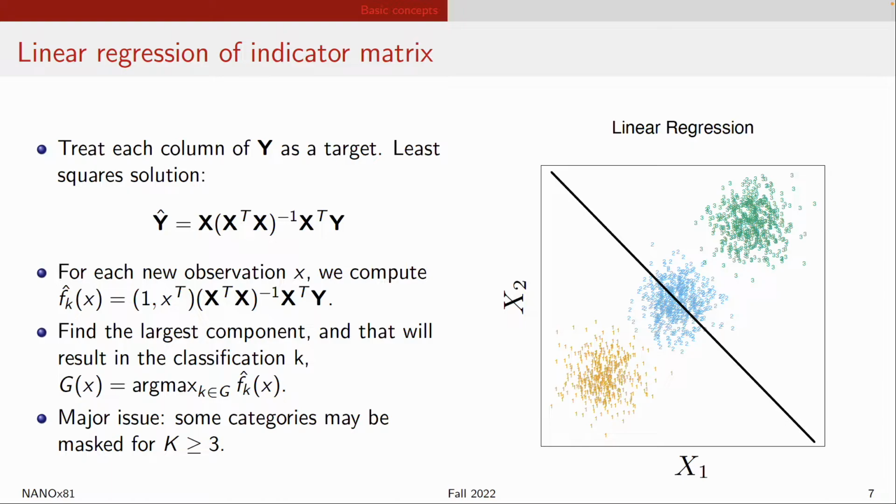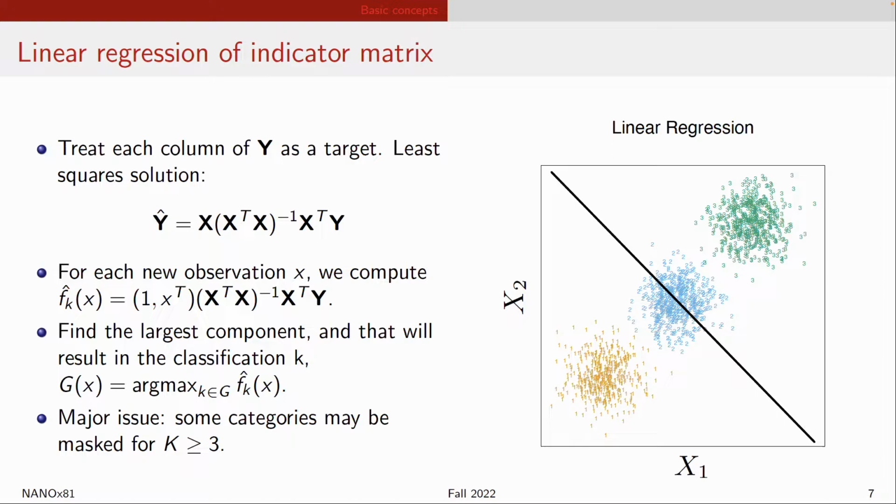Your predicted y is then given by this expression over here, right? And for each new observation, we compute every single one of my f_k(x), and then the largest component will result in classification k. Okay? Now, this is a very simple way of doing linear classification.